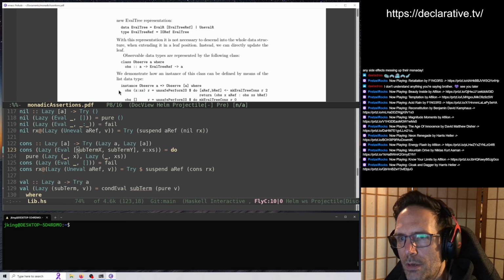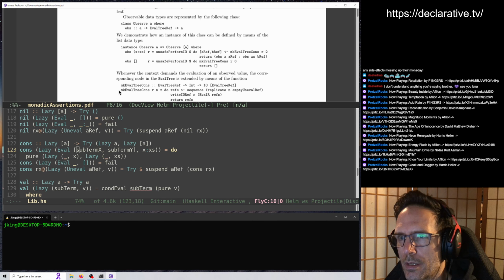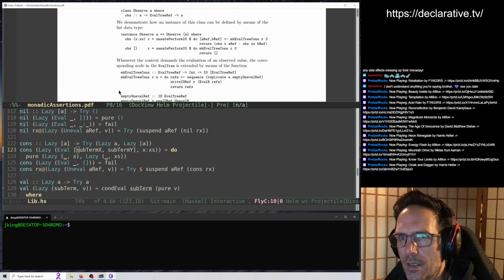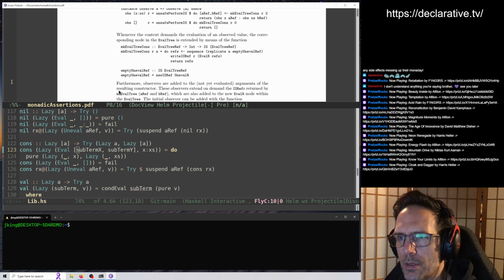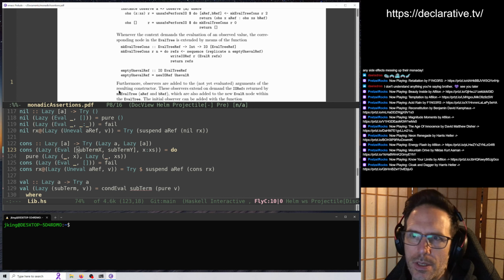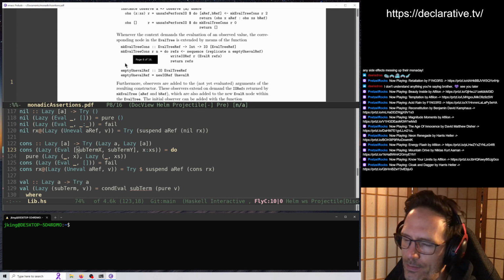Observable data types are represented by the following class. And we demonstrate how an instance of this class can be defined by means of its list data type. Okay, like so. So whenever the context demands the evaluation of an observed value, the corresponding node in the eval tree is extended by means of the function make eval tree constructor, or mk eval tree cons. Programmer shortspeak, you know?